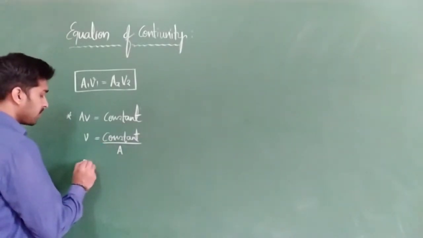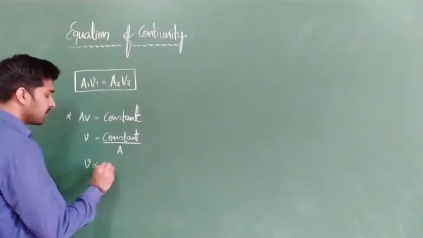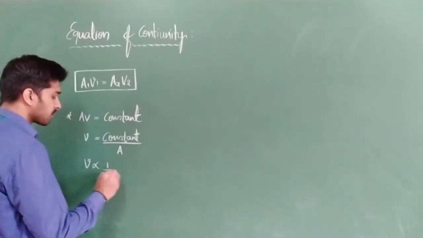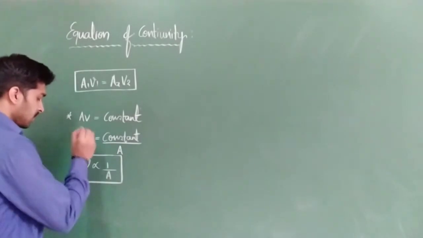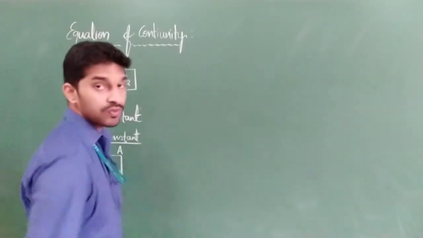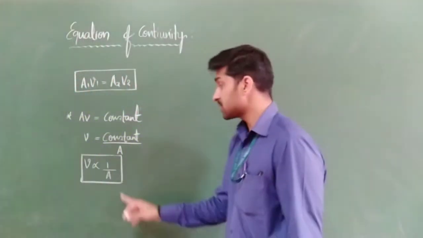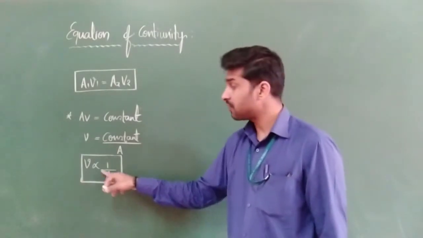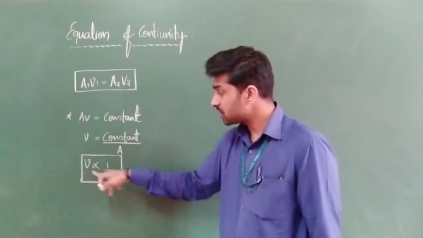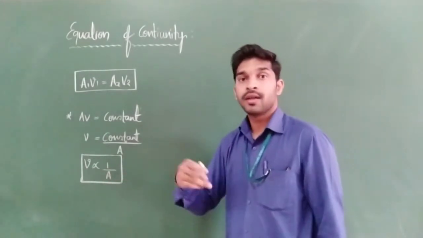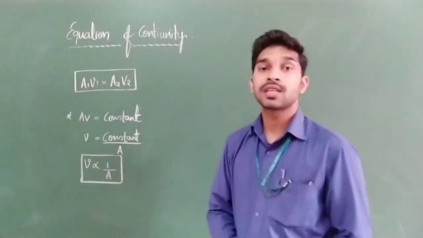So what I am going to tell you is that V is inversely proportional to A. What is the meaning of this? If the cross-sectional area of the liquid is very small, then the velocity will be very high. That means velocity and cross-sectional area are inversely related.